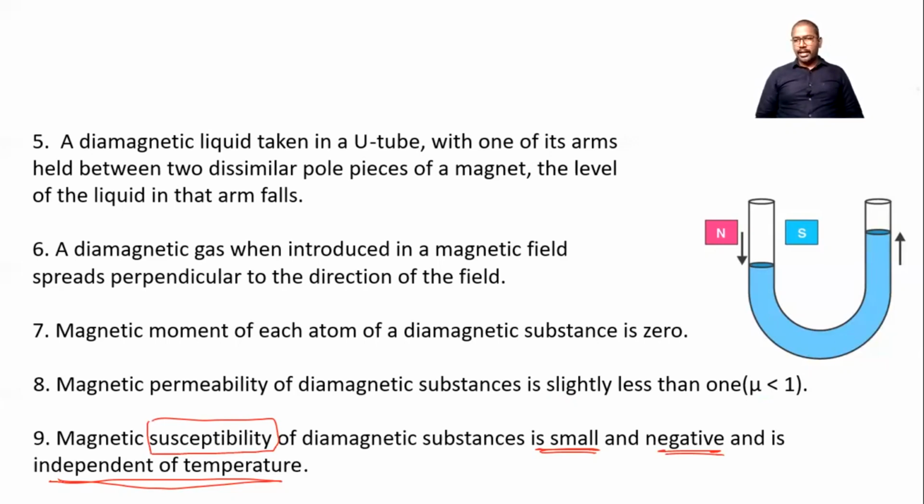But for para, it has a relation that we have to learn later. So remember here: magnetic permeability is slightly less than 1, and susceptibility is small and negative. If someone asks in an examination or MCQ that the susceptibility of the material is minus something, then you have to remember that if susceptibility is negative, it is a diamagnetic substance.